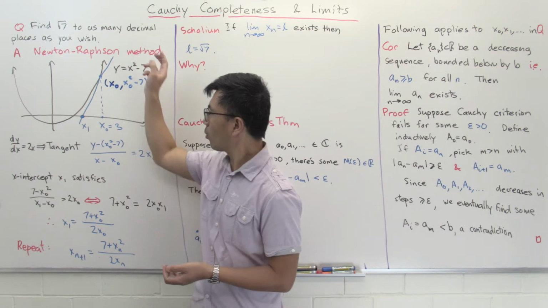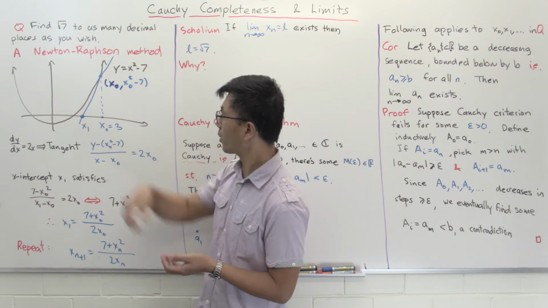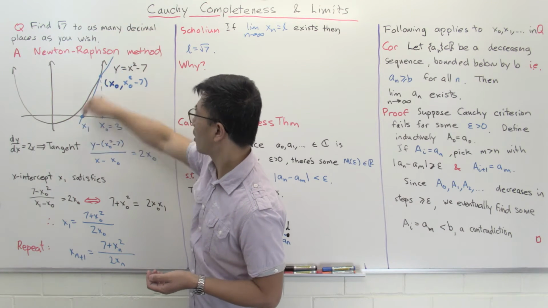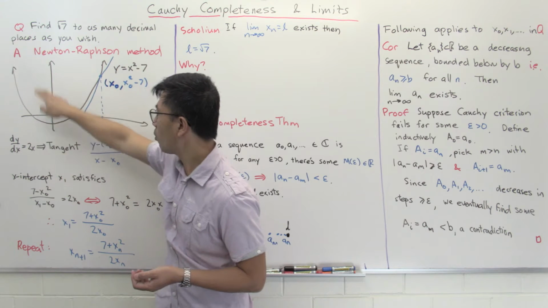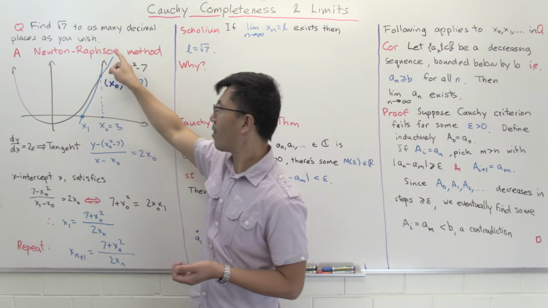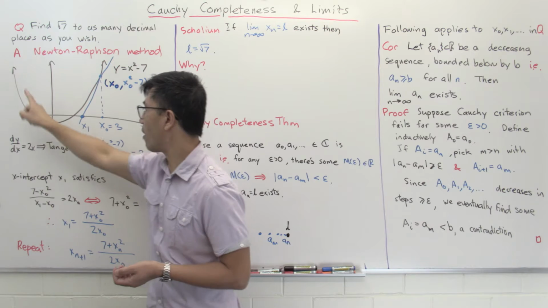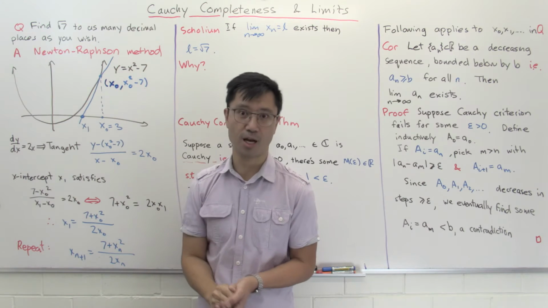Now we're going to try to get a better approximate solution. We take the tangent line to this curve, which approximates the curve close to here. And rather than looking at the x-intercept of this graph, we look at the x-intercept of this tangent line.